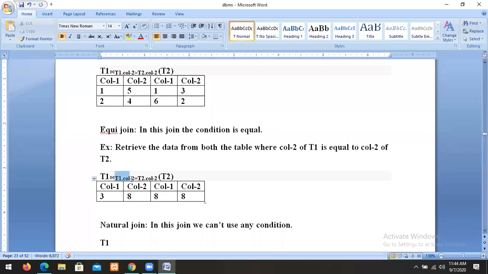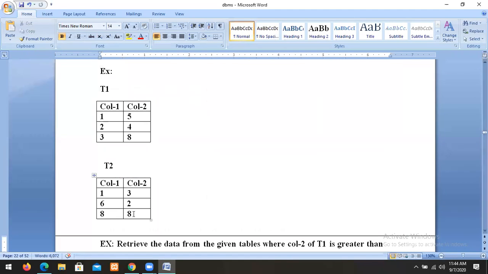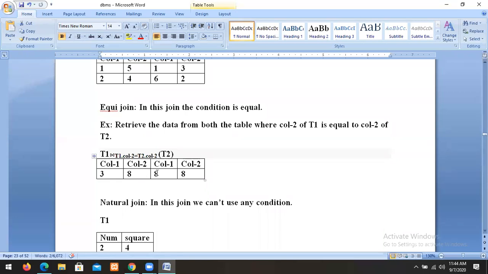This condition contains the equal operator, so this is called an equijoin. Only the condition-satisfied rows will be the result. Here 8 and 8, only this row is satisfied, so 3, 8, 8, 8 is the result.